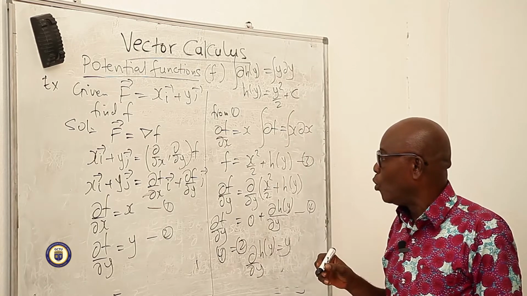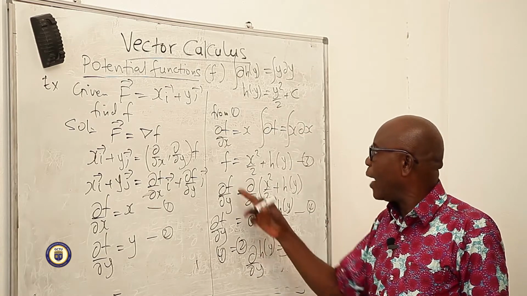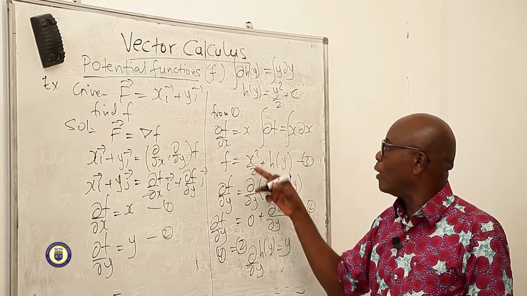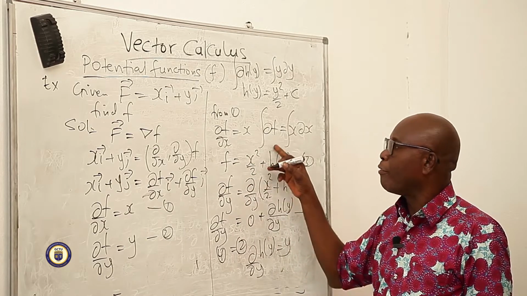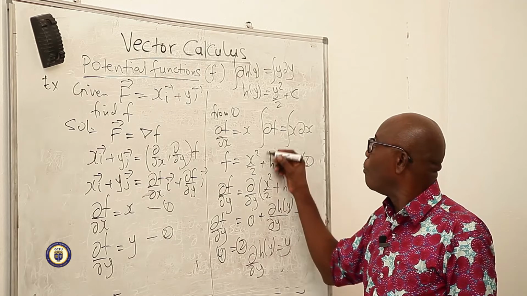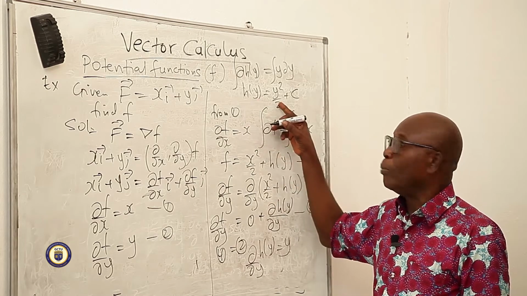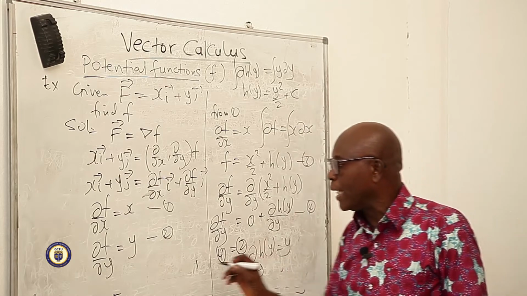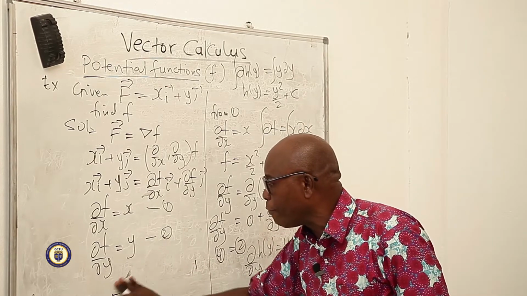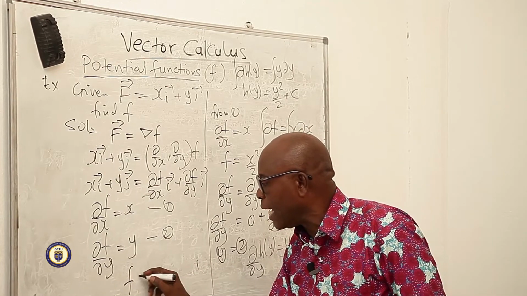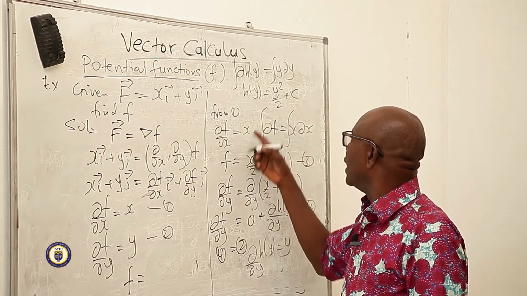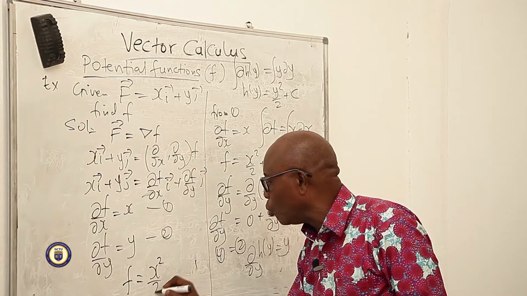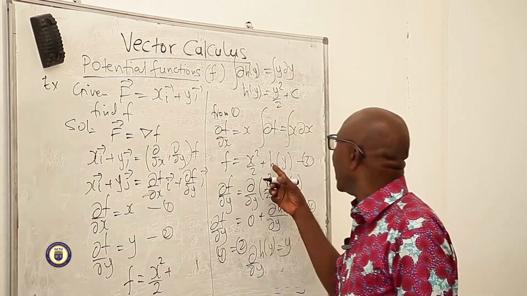And so to put everything together, our f, which we got equal to x squared over 2 plus a function in y. Now we've been able to find the function in y to be equal to y squared over 2 plus a constant. So when we put them together, the potential function f that we are looking for now becomes x squared over 2 plus h of y.